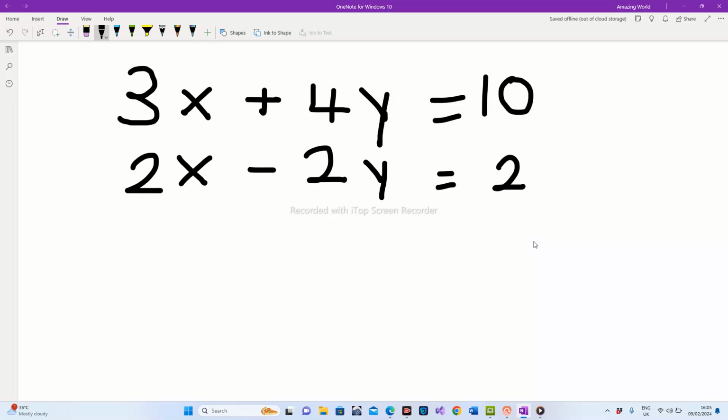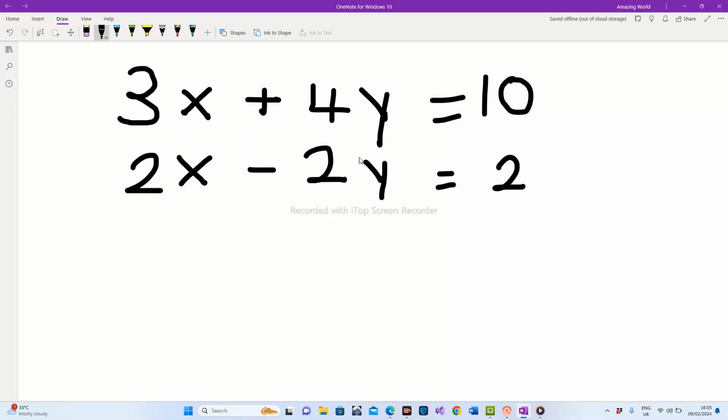So this is another case scenario. Now, as you can see in this question, we don't have any value that can be easily eliminated like the ones we have been doing before now. Remember, I told you when you have a simultaneous equation, the best way to eliminate is to make sure that either your x or your y variables are the same.